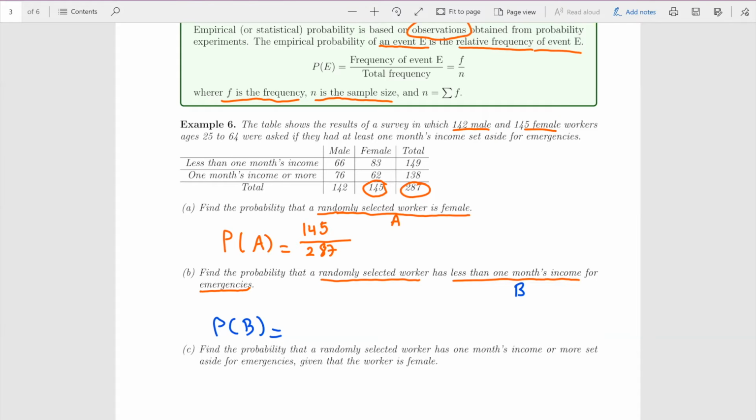So I go to the less than 1 month's income, the total is 149. And again, if you're randomly selecting a worker, then you have to divide it by the total responses. So 149 divided by 287 is the probability of randomly selecting a worker that has less than 1 month's income.